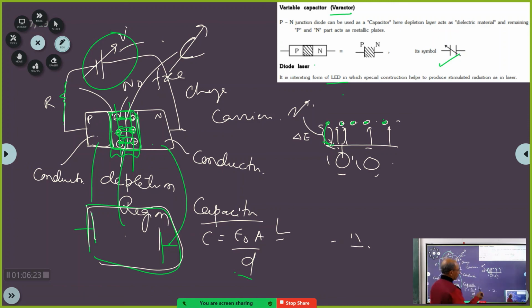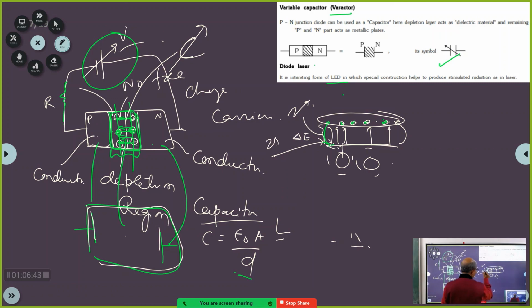Same thing happens here. By some mechanism, you have made the electrons jump from a lower level to a higher level, and there are many electrons populated at the higher energy level. And then there is some photon which is sent here.